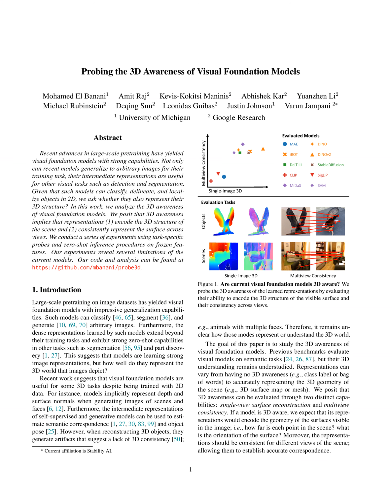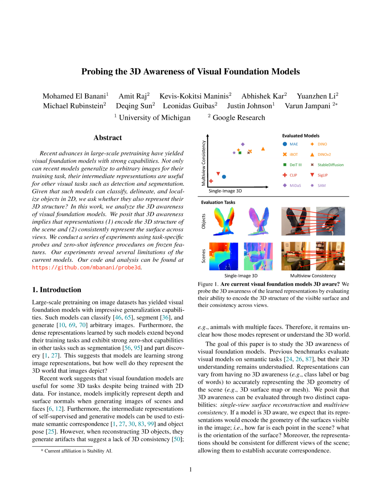This method helps in understanding how well the models encode the geometry of visible surfaces and how consistent their representations are across different views. By evaluating these aspects, researchers can gain insights into the model's ability to understand the 3D structure of scenes and objects, which is crucial for various computer vision tasks.